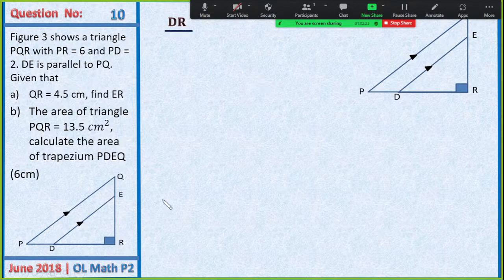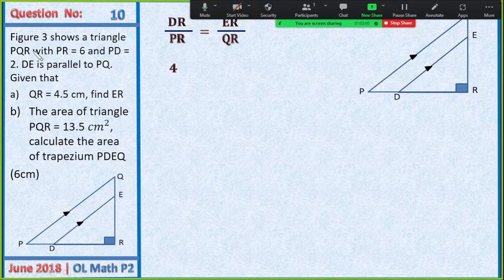We have DR from D to R. Since we know this, we have DR divided by PR, short divided by long, should be equal to short divided by long, ER on QR, right?